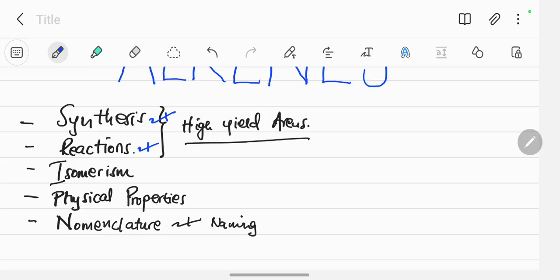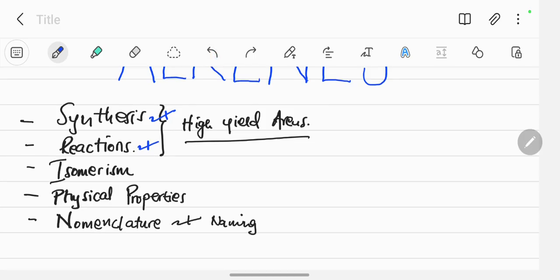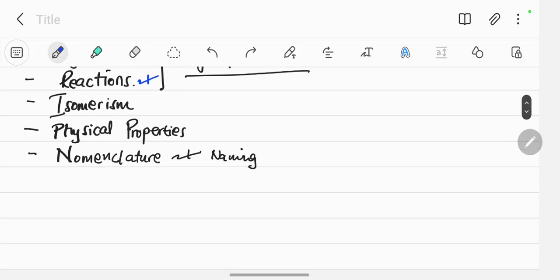So I'm going to bring in nomenclature within our synthesis and the reactions such that the whole thing moves on very quickly. I don't want us to delay on one thing.